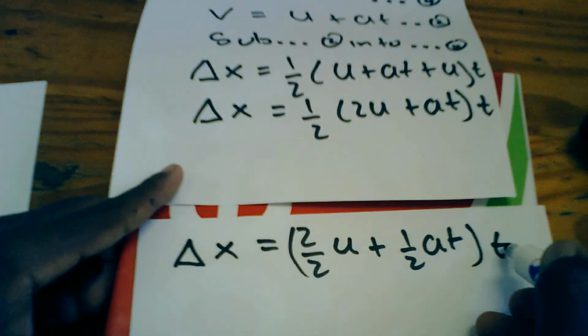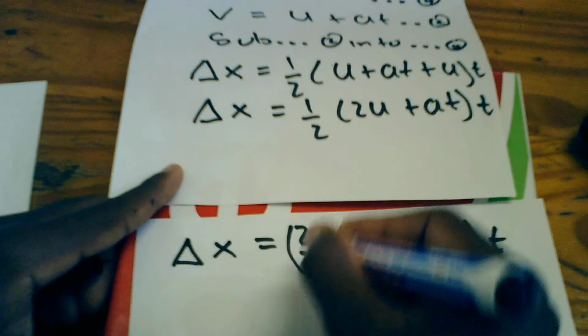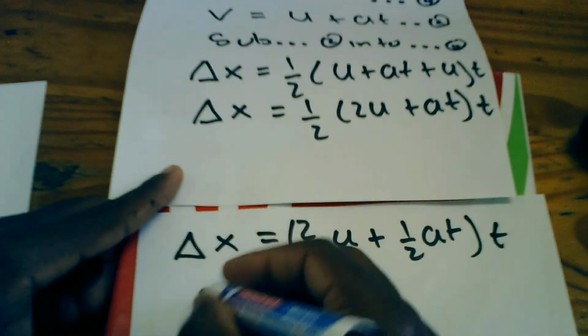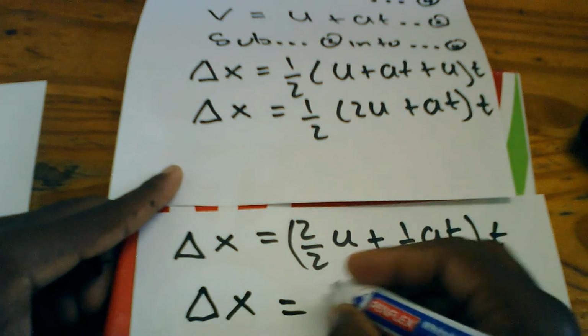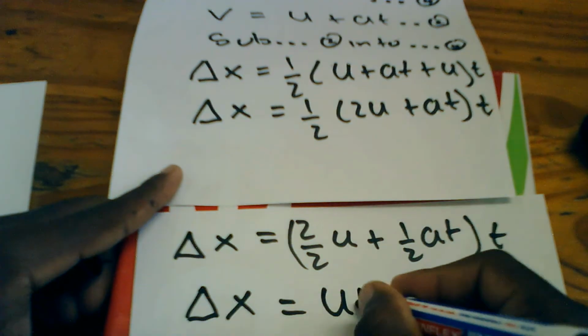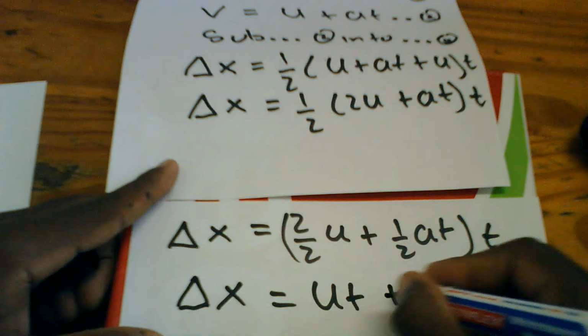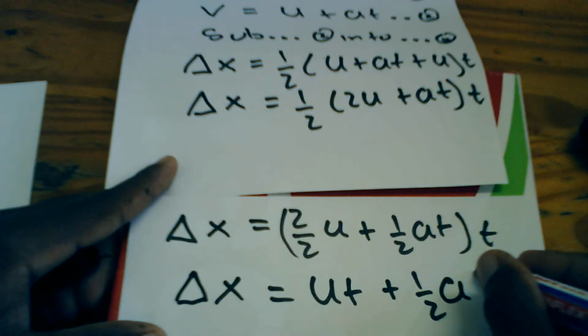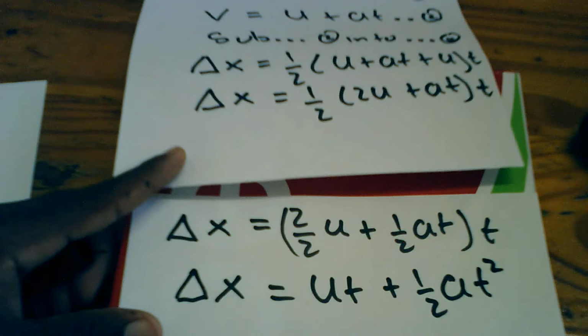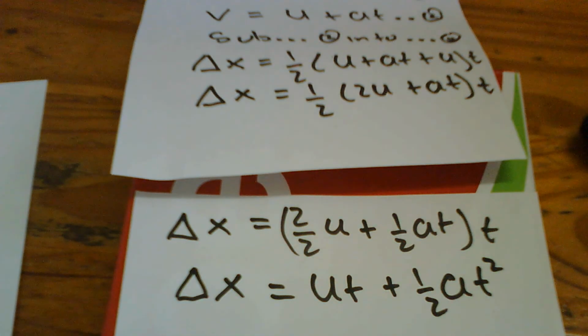And finally we can multiply that t in, because this and that cancel out. We are going to have that the change in displacement is equal to ut plus 1 over 2 at squared. And this is the equation. Thanks for watching.